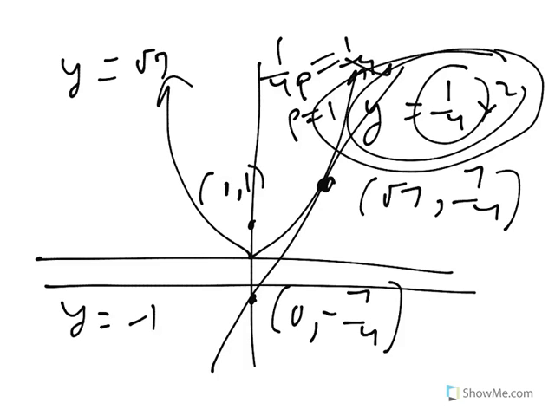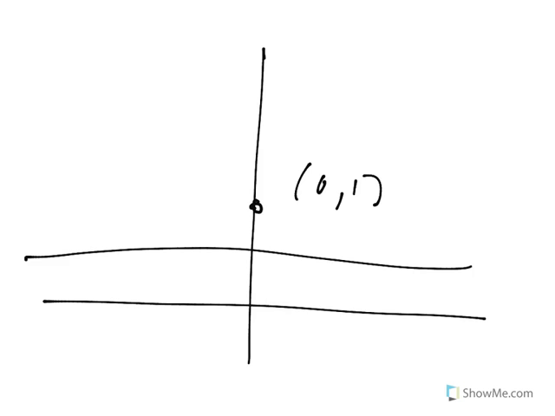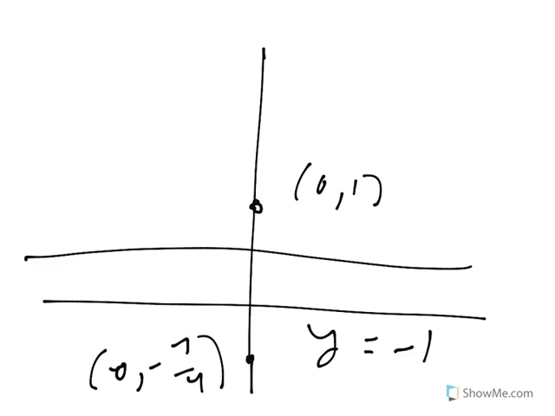So if our goal is to find this point, all we would have to do is take the point (0, 1), the line y equals negative 1, and the point (0, -7/4). This is how I'm going to get the square root of 7. And to get the square root of 11, it would be negative 11 over 4.